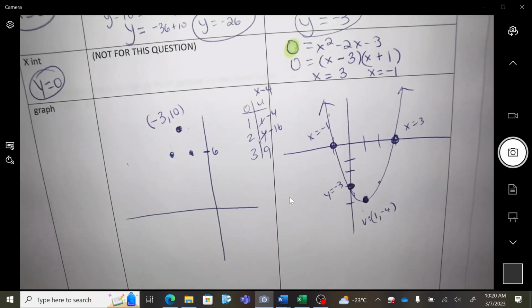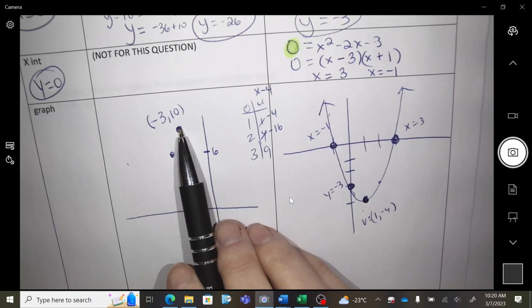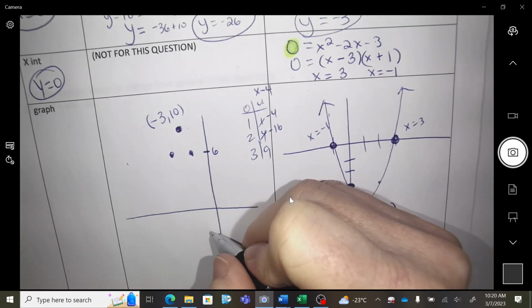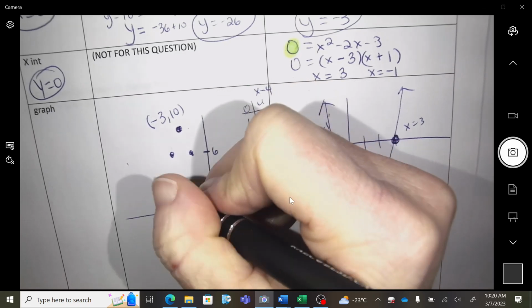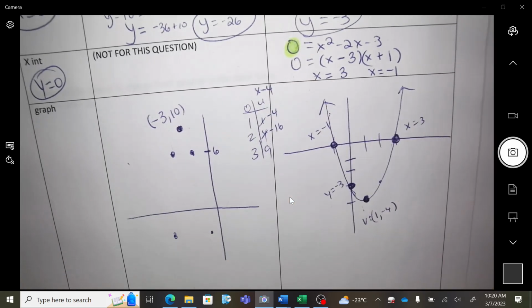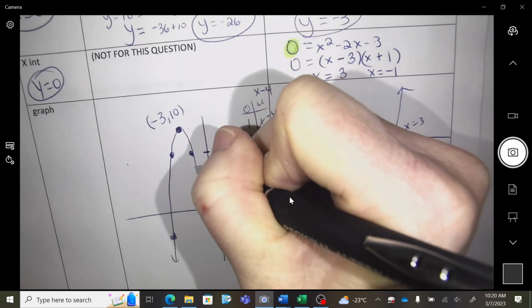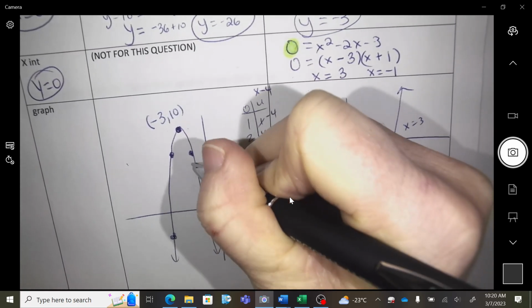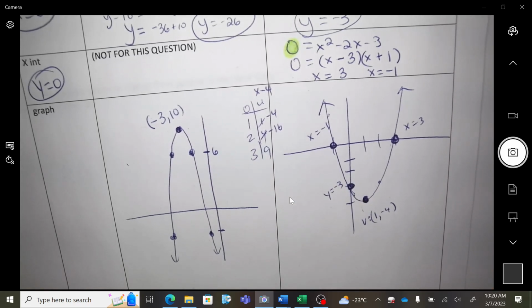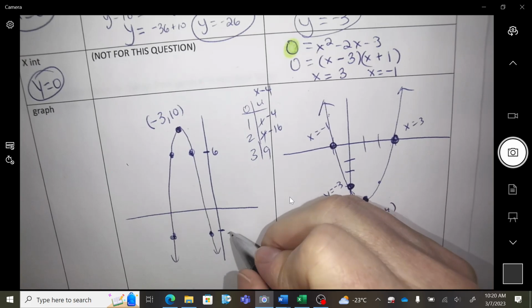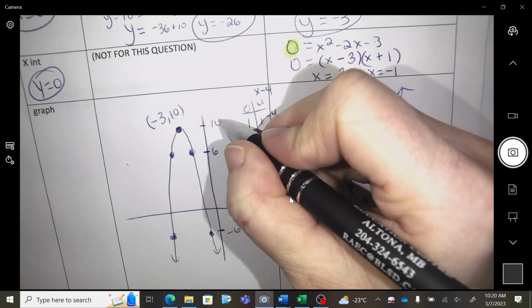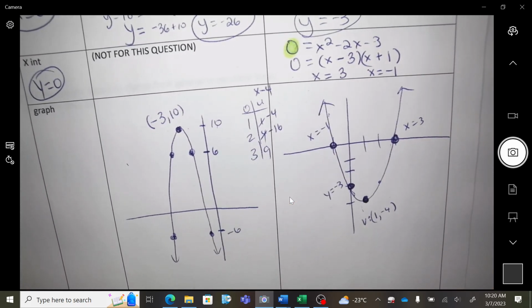Yep. 2 over and 16 down. What would be the height of those 2 coordinates? -6. 16 down. So 4 down, 16 down, right?